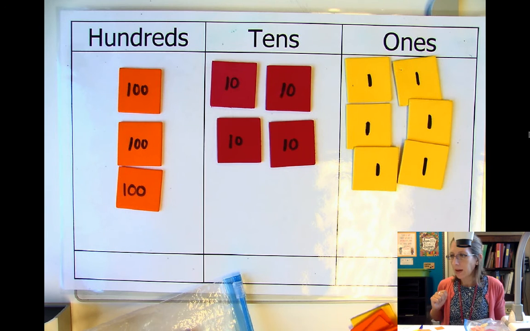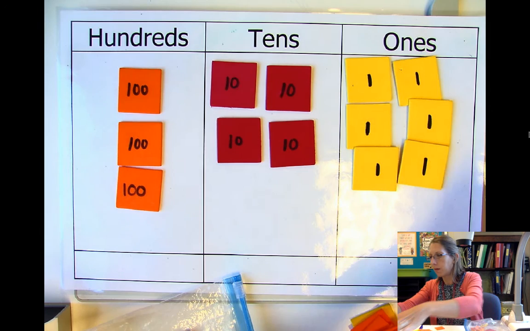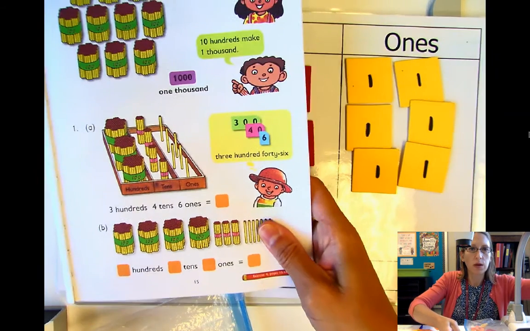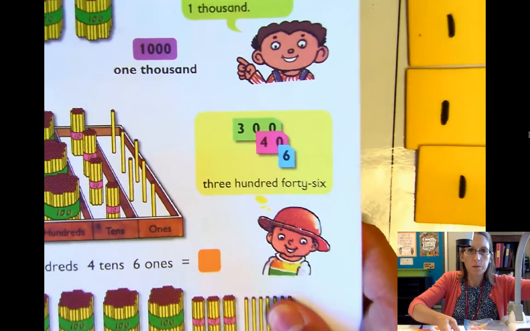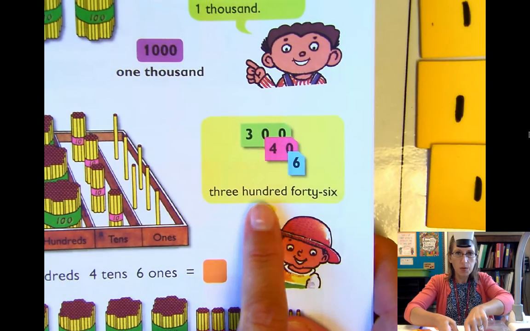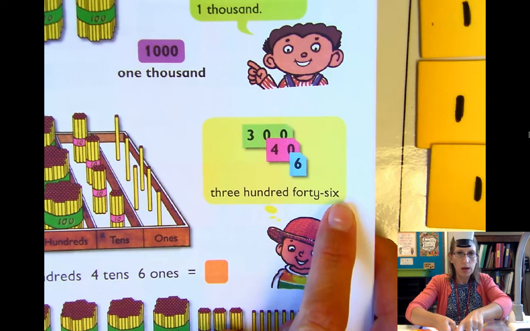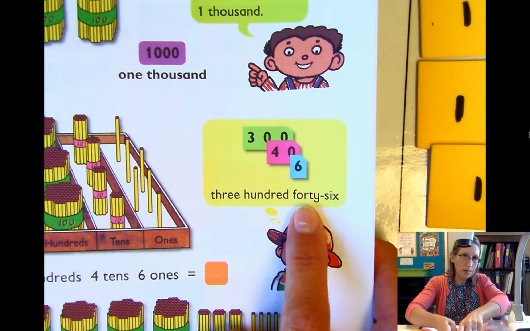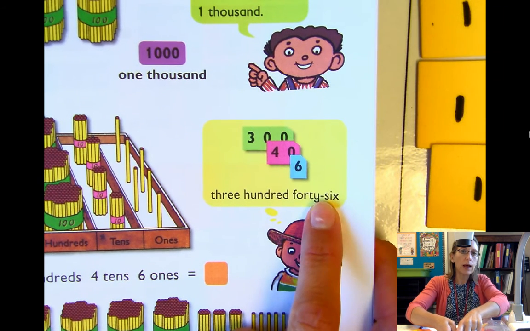And how we write that is right like this. Let me zoom in for us so we can see how we would write this. Here we go. So here is the number 346. And you'll notice again, between the tens place and the ones place, we put a little hyphen.